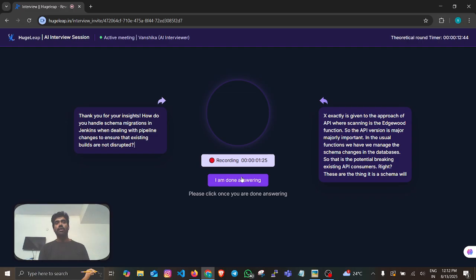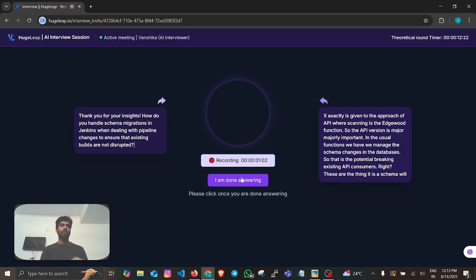We check which tools are being used. We build the schema into the Jenkins pipeline to interact with the schema, and we create the pipeline.